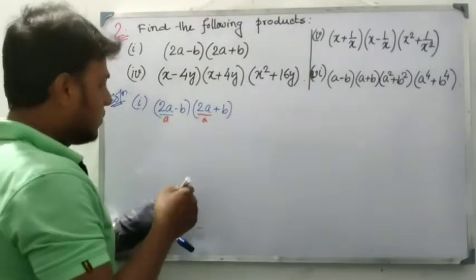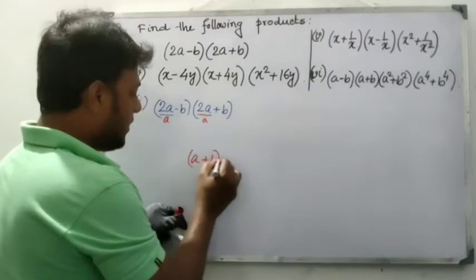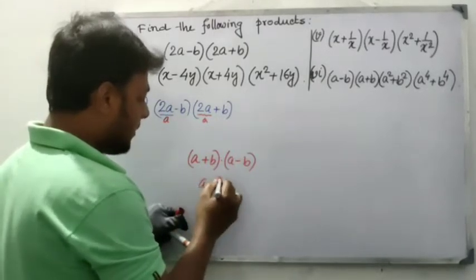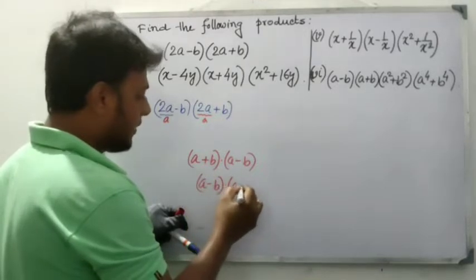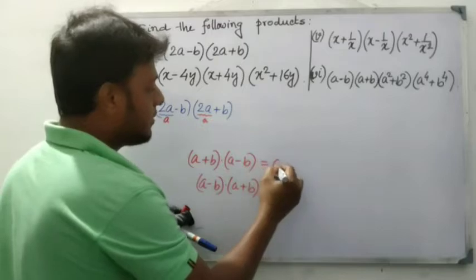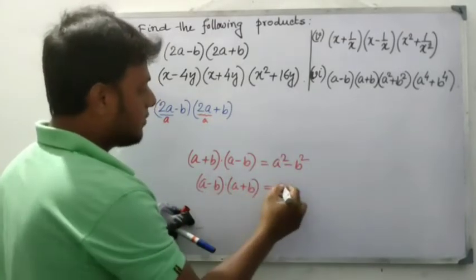Okay, so there is no difference between (a + b)(a − b), and if we write it (a − b)(a + b), these two are same thing. Okay, so (a + b)(a − b) was a square minus b square. So this will be again a square minus b square.